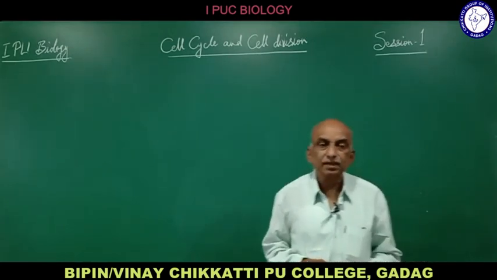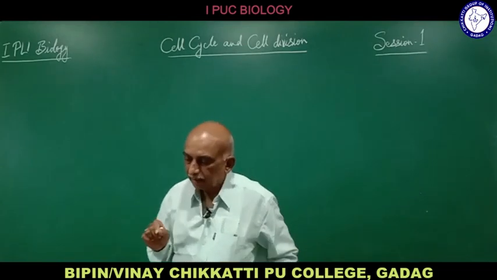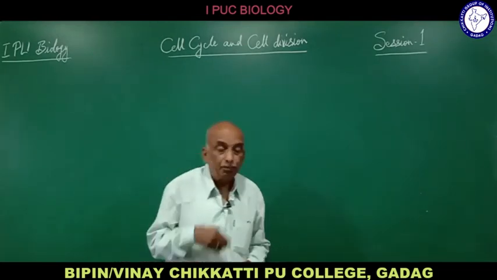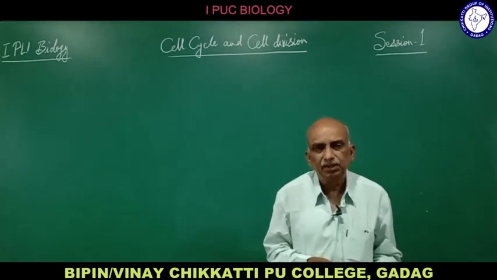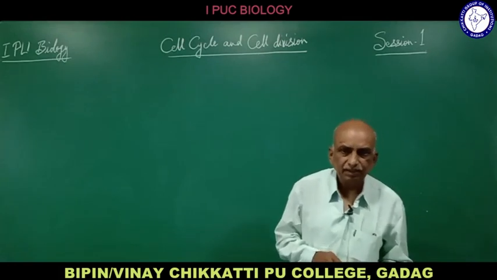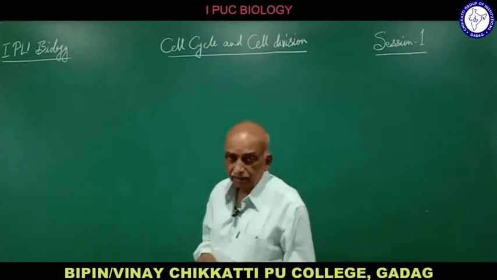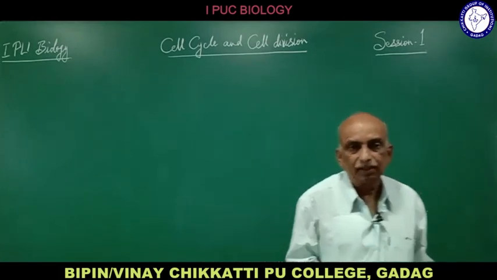So the cell cycle is the sequence of the events which takes place in the duplication of the genome. Now genome means actually the amount of DNA. Actually in the DNA there are genes, which we will discuss when we go into more detail about DNA.